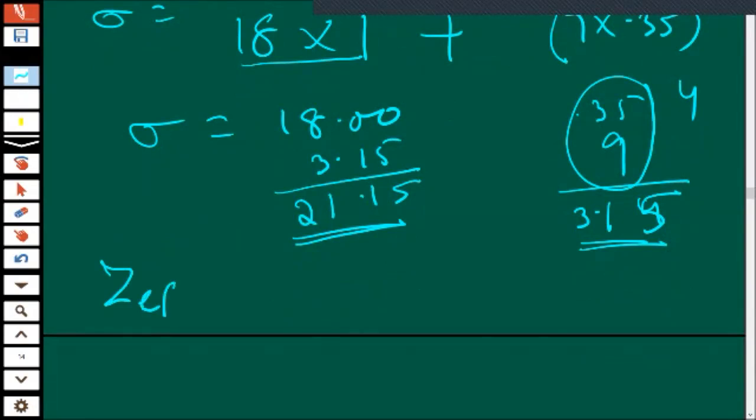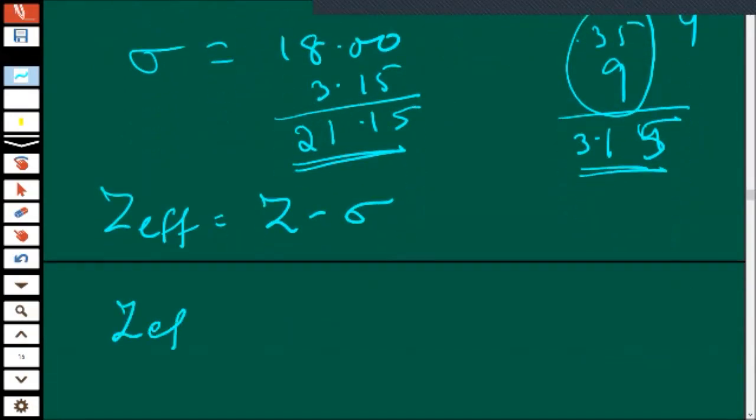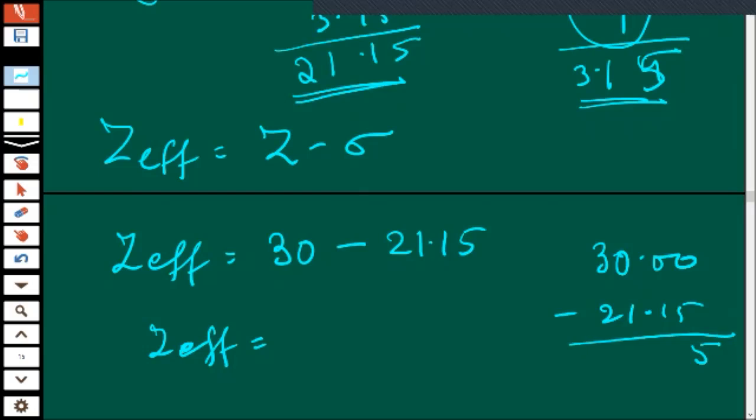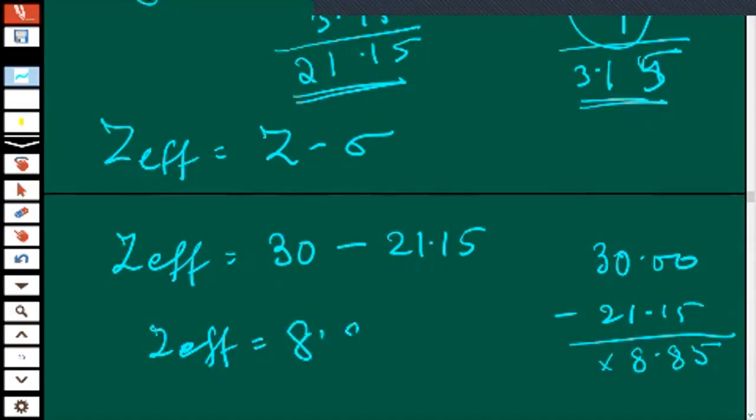So Zeff equals Z minus sigma, so Zeff equals 30 minus 21.15. 30.00 minus 21.15 is 8.85. So Zeff is 8.85.